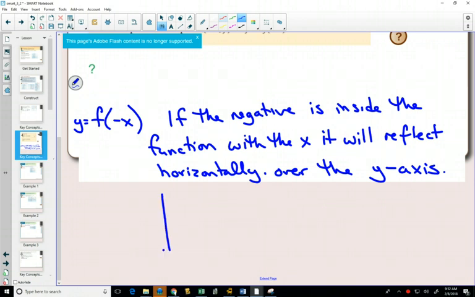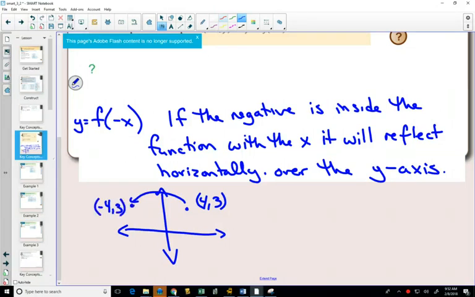And so if I had the point (4, 3), when it gets reflected over the y-axis, it's going to be (-4, 3). And your x value gets changed. And that's going to be a pattern that we see over and over again. Things inside the function are going to affect our x-coordinate. Things outside of the function are going to affect our y-coordinate.